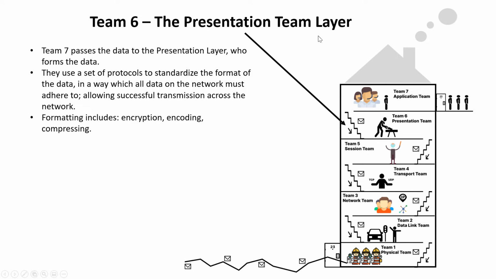So team 6, the presentation layer. The data is then passed to the presentation layer, and this team 6, the presentation team, is responsible for getting the data ready to be sent via the network, because the protocols on this layer are responsible for formatting the data to make sure that it's compliant with the way that the data needs to be formatted to be successfully transmitted via the network.